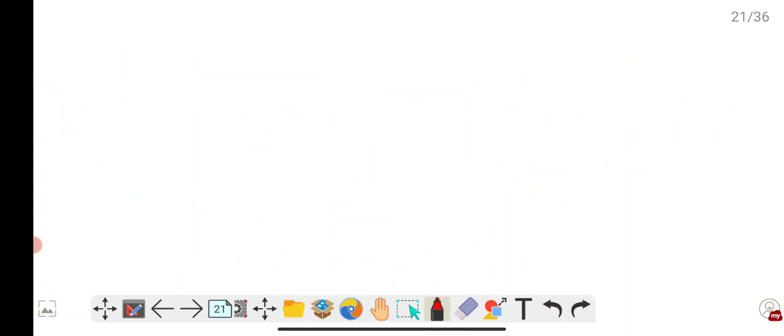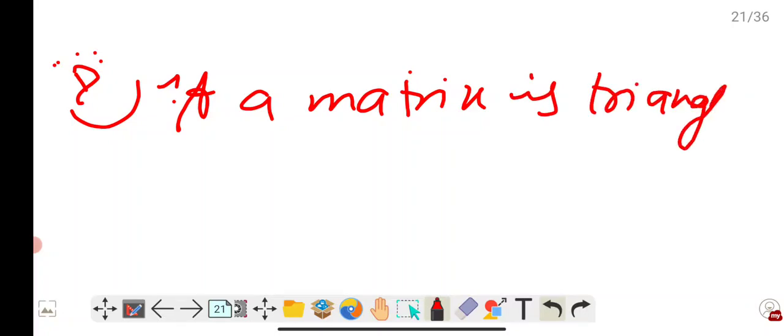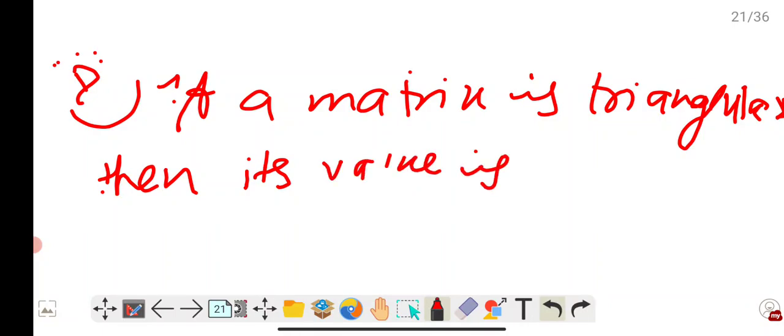Now the 8th property. Our 8th property is: if a matrix is triangular, then its value is the product of the diagonal elements.